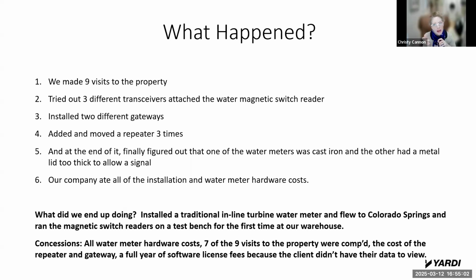We also switched out our gateways, thinking, okay, maybe the first one we got is a lemon, but we switched to a different type for the second one. When that didn't work, we put a repeater in just inside the building, as close to the water meter as we could. And we went out 2 times to move it.